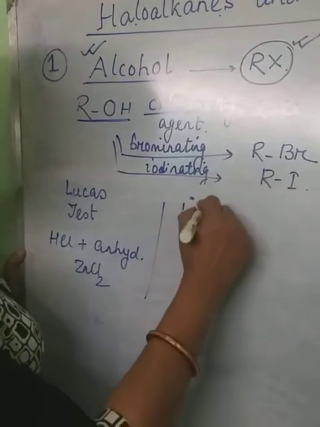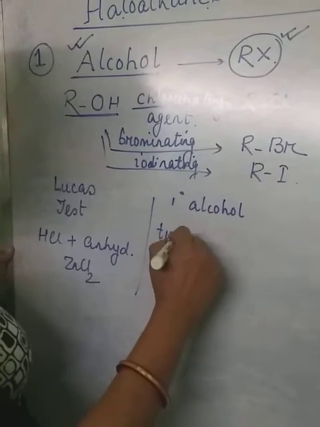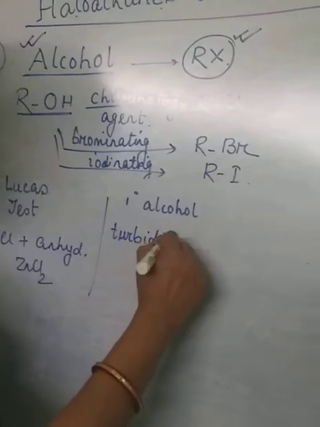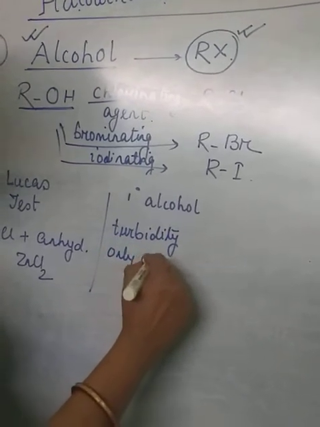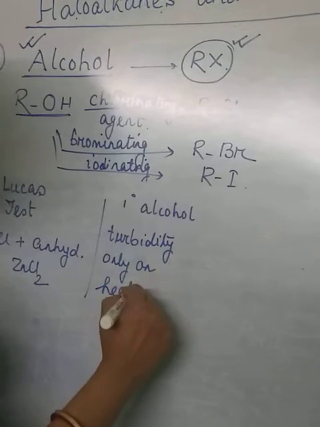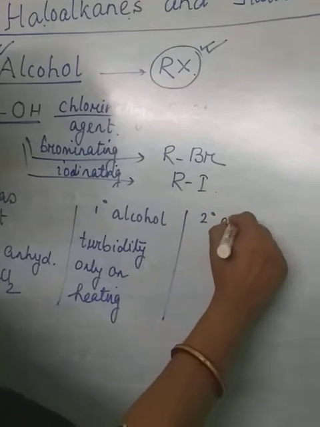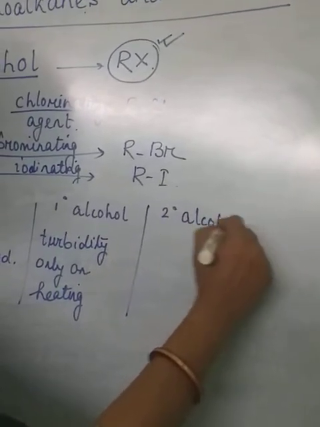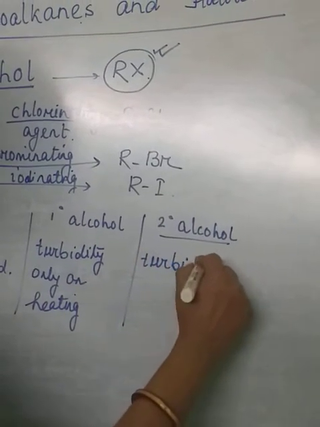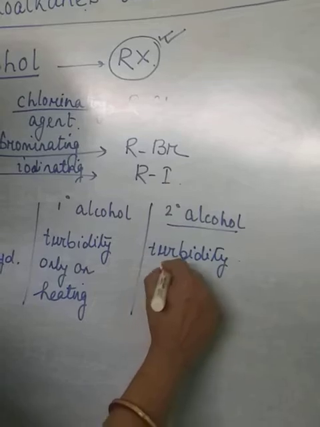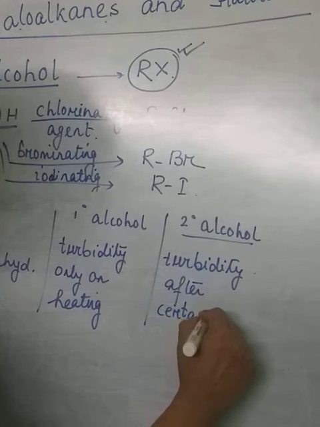If it is a primary alcohol, it gives turbidity, milkiness, only on heating. If it is a secondary alcohol, it gives turbidity after a certain time interval.